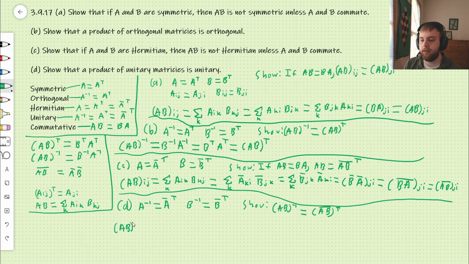(AB) inverse, using this formula here, we can rewrite as B inverse times A inverse. And since we have these formulas here, we can substitute those in: B complex conjugate transpose times A complex conjugate transpose.